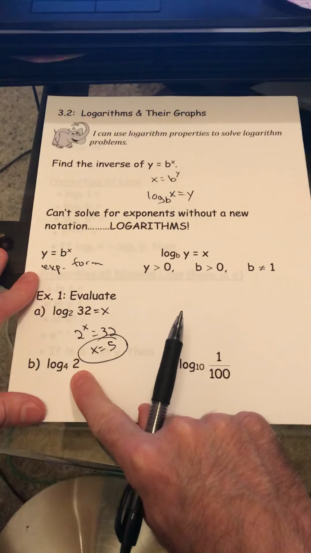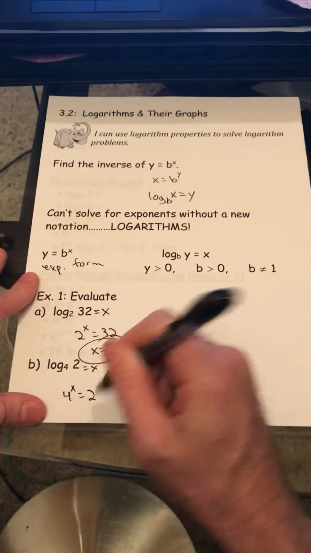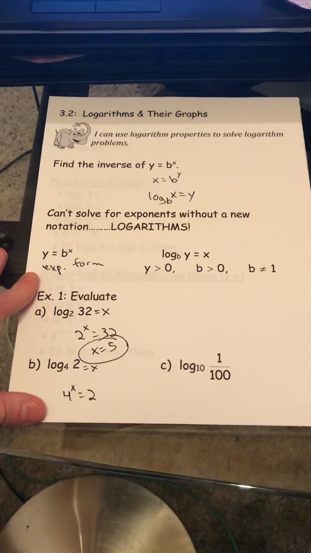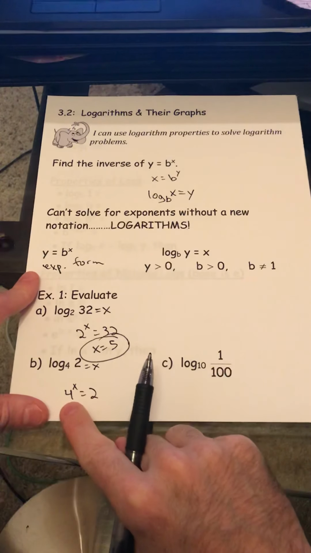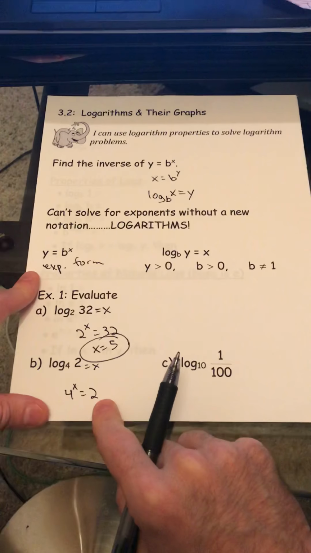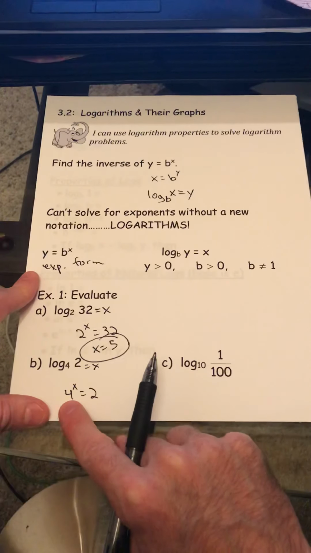This next one, set it equal to x, so 4 to the x equals 2. Going from 4 to 2, 4 to the first is already 4, so it is going to be a fraction.